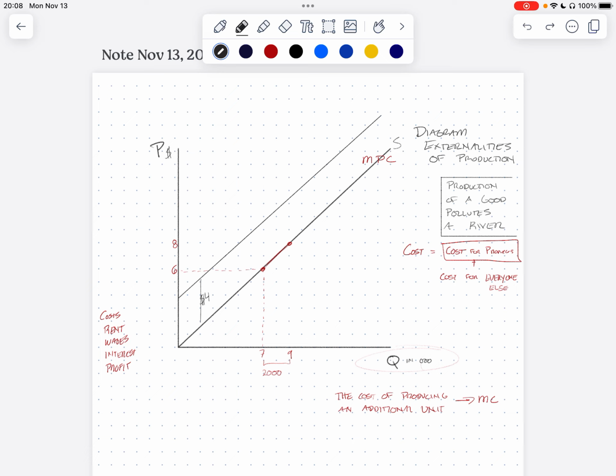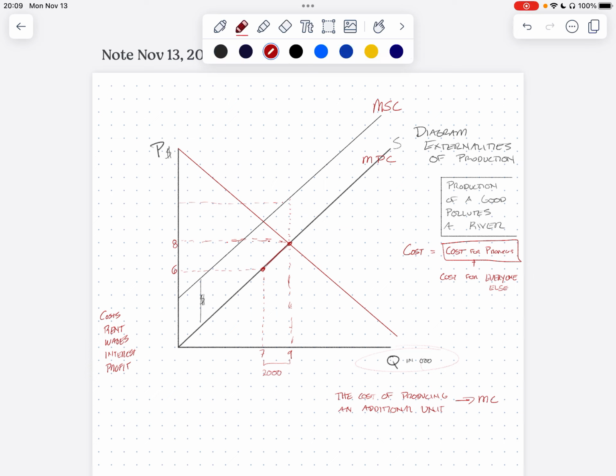Now, if we come back and we add in a demand curve, we can start to see that when the price of the good is $8 and the producer is willing and able, or the market is willing and able to produce 9,000 units, actually the social cost of that is closer to, oh, I've been saying $4 here, but actually that's just a misreading.